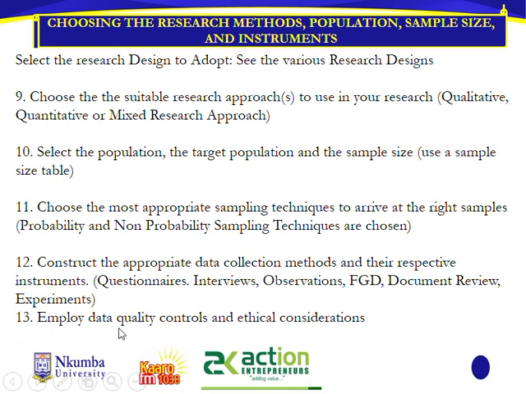At this stage, you can check whether these tools, these instruments, are going to provide you with the right data. You employ data collection controls and the ethical considerations, so that they collect the right data that you can actually base on to draw conclusions.